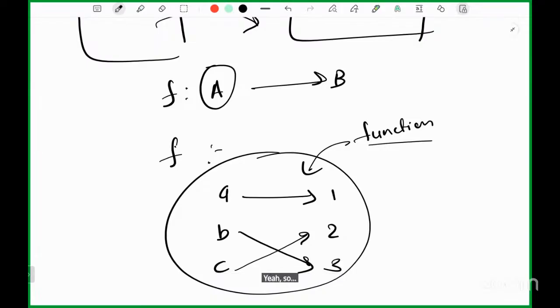X is a set of all values and y is a set of. Okay, let me read the whole thing. Okay, so R is this. All values on the x-axis and y is the set of all values on the y-axis.